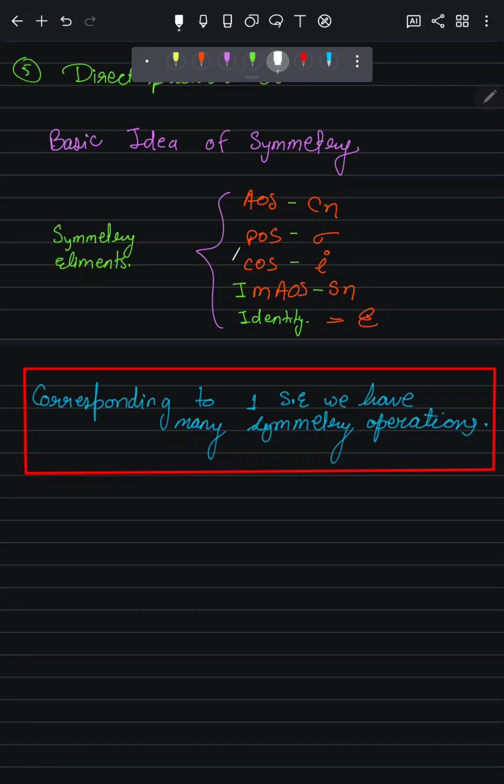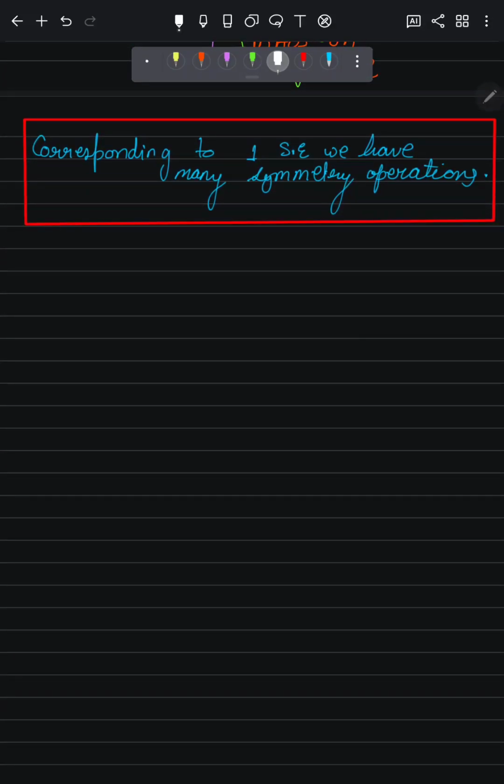The meaning of this sentence is that we can distinguish between identical and equivalent structures. Let's take an example of H2O. If we put a C2 axis, a 180 degree rotation happens.